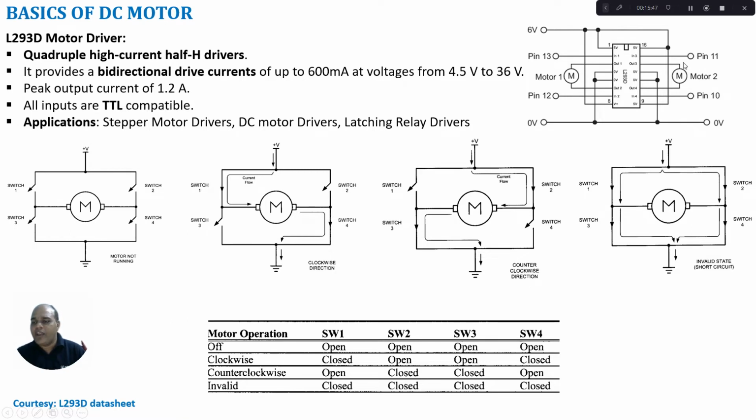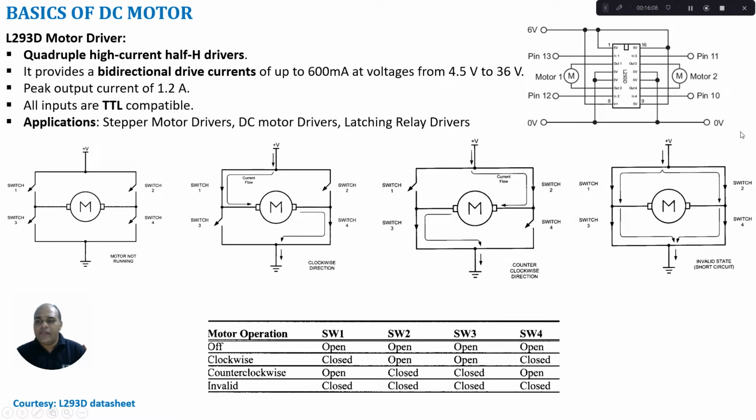Same way, for enabling motor 2, I have pin number 9. It is an enable signal, and if I want to activate motor 2, then we need to give a supply voltage of 5 volt to this enable line. And pin number 16 is the supply voltage for the IC.